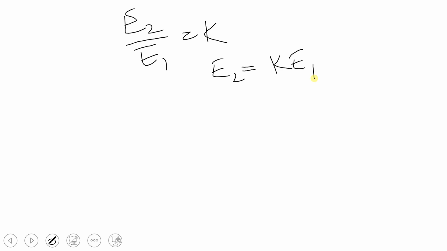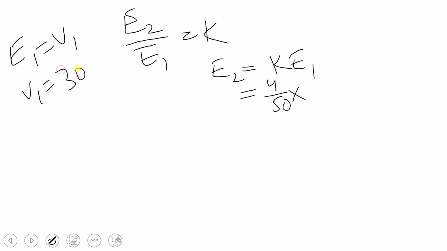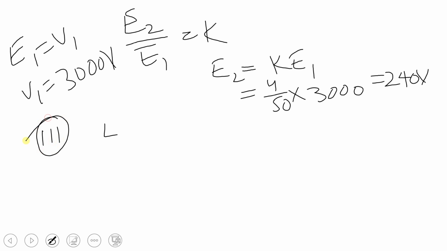We know the value of K is 40 upon 500 and E1 is equal to V1, and we know V1 is equal to 3000 volt. So here we put 3000. When we solve this we get 240 volt. Similarly, next we have to find the maximum core flux, meaning phi max. We know the EMF equation on the secondary side.